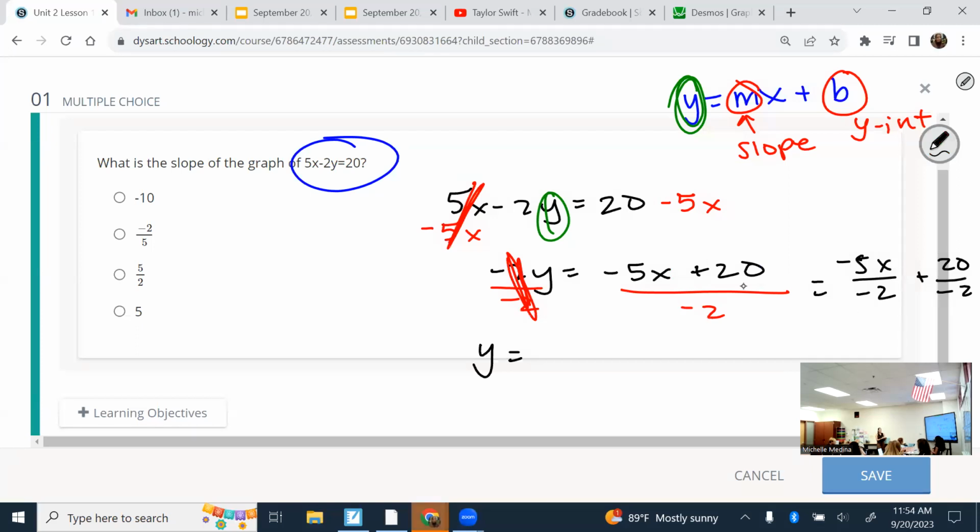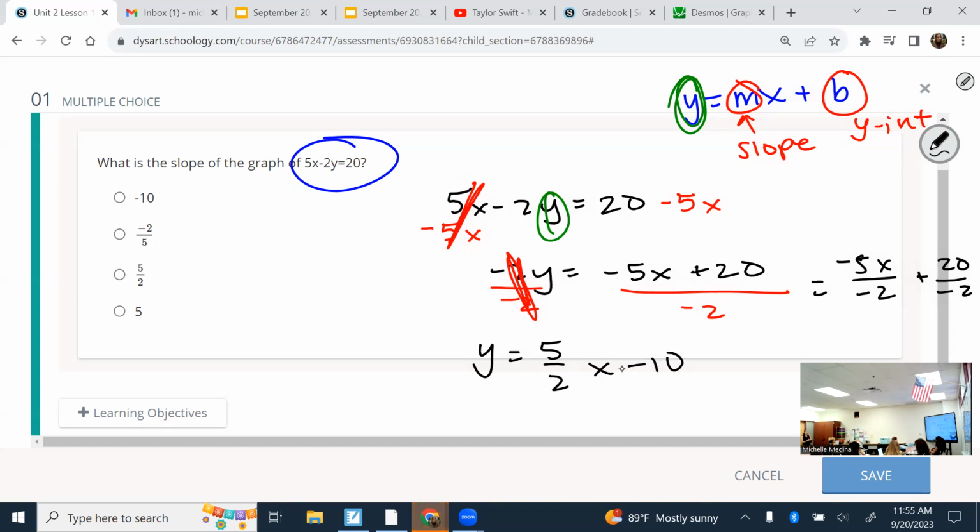It becomes a positive, so that would just be 5/2 x, positive, because negative divided by negative is a positive. And then what about 20 divided by -2? -10. So that's it in slope-intercept form.